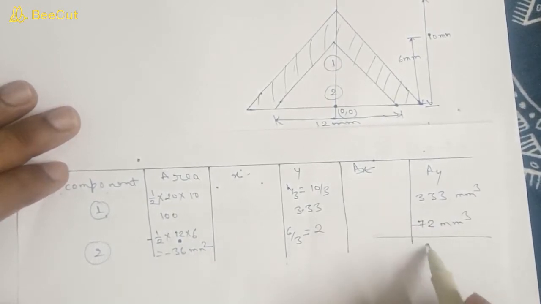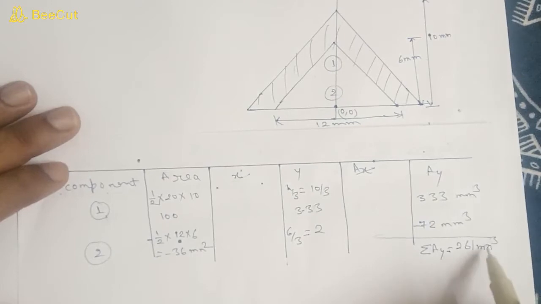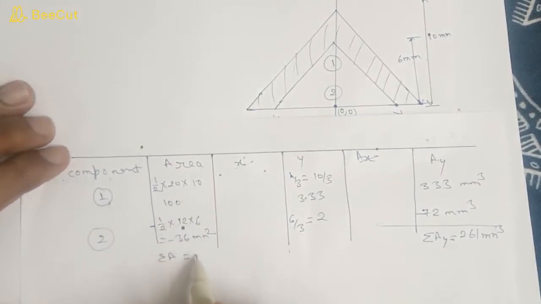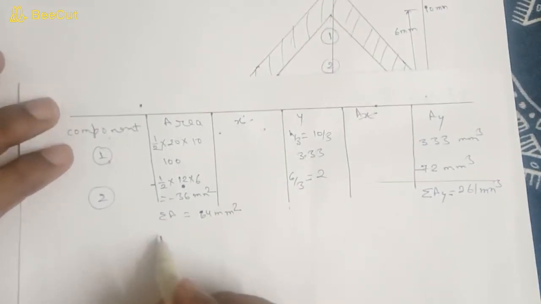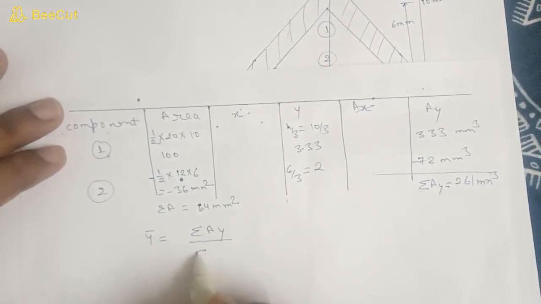Now if we add, summation ay is equal to 261 mm cube, and the sum of area will be 100 minus 36, so we will get 64 mm square. So the y coordinate of the centroid will be sum of ay divided by sum of a.